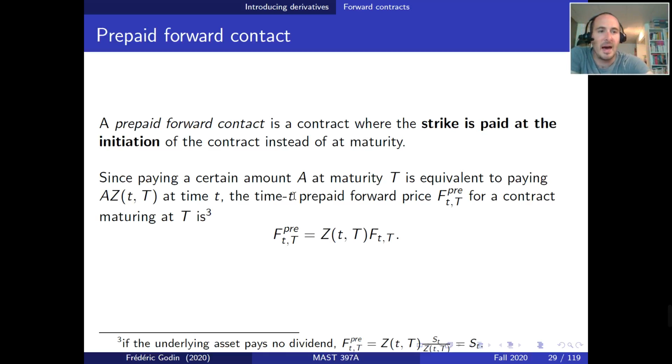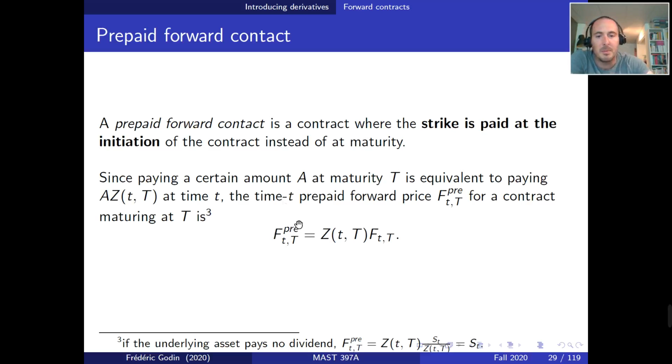Because of that, the unique price for a prepaid forward contract, which does not lead to arbitrage opportunities, must have some relationship with the price of a regular forward contract, and this relationship is given by the following.